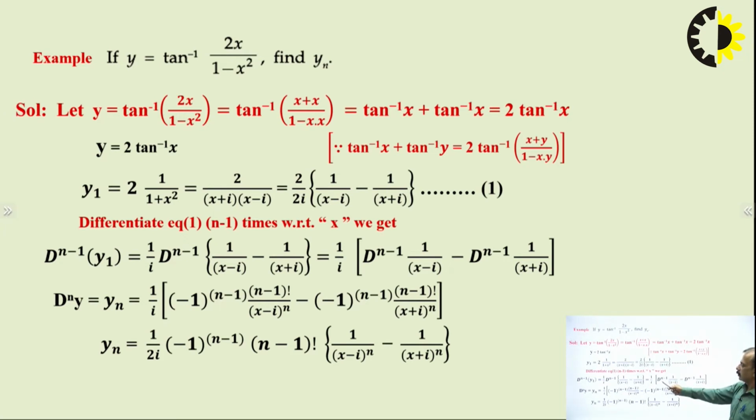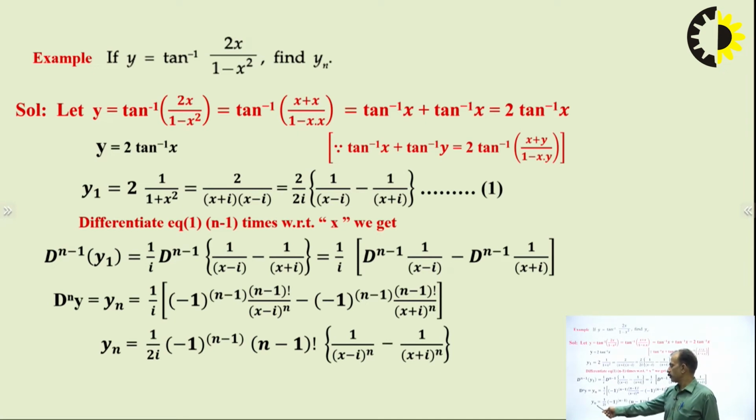The (n minus 1)th derivative of 1 upon x minus i is minus 1 raised to the power n minus 1 into n minus 1 factorial divided by (x minus i) whole raised to the power n, and similarly for 1 upon x plus i with (x plus i) whole raised to the power n.